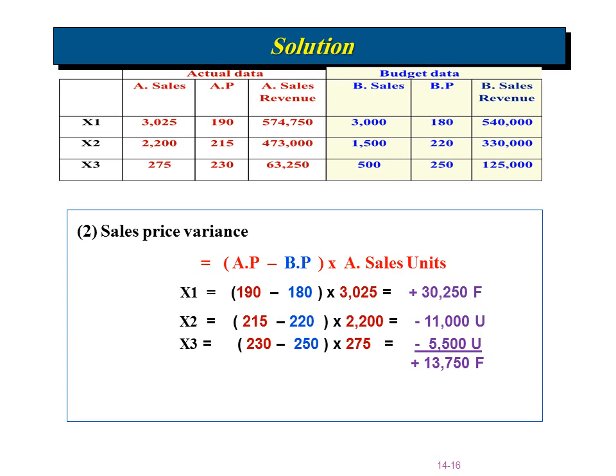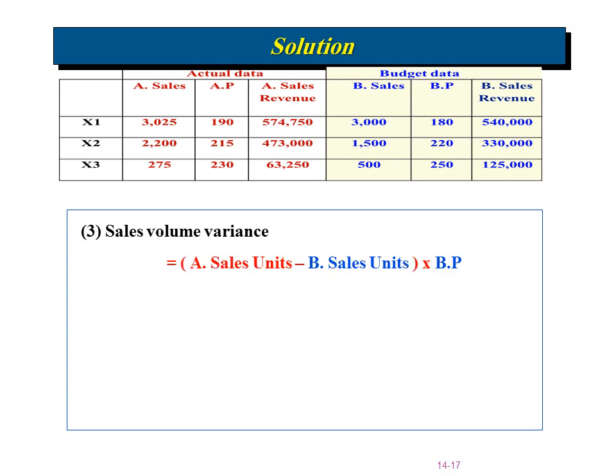Okay, again, up till now we calculate the budget variance, and we analyze the budget variance into two variances. The first one is sales price variance, and second is what? Yes, sales volume variance. How to calculate sales volume? Sales volume is sales units. Here I speak about actual sales units minus budgeted sales units times budgeted price.